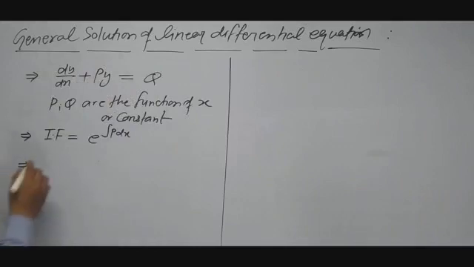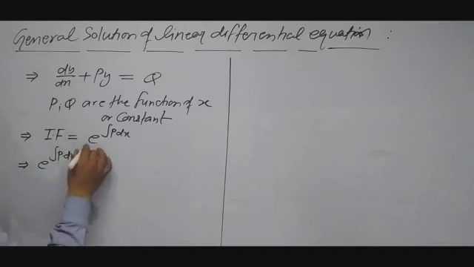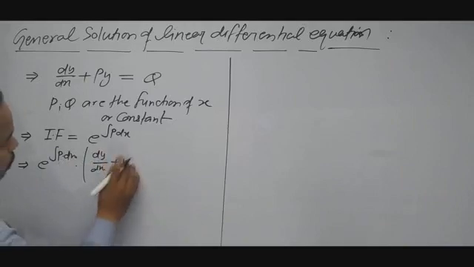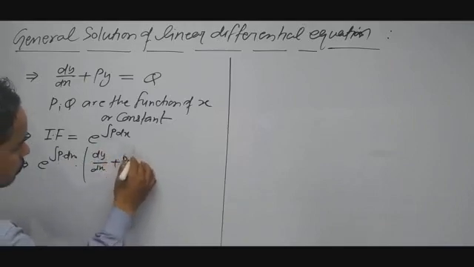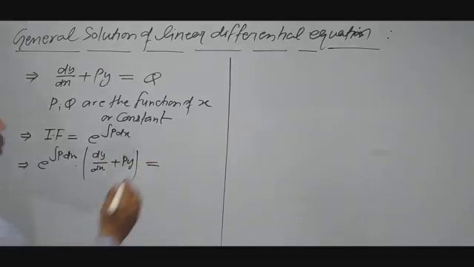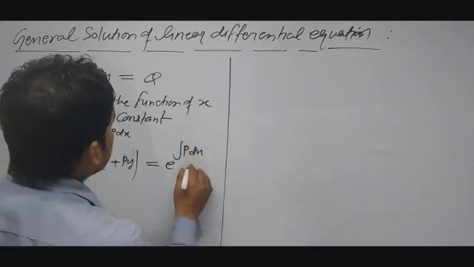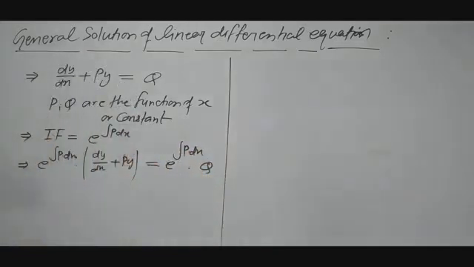So when you multiply e to the power integration of P dx by dy by dx plus Py, it is equal to e to the power integration of P dx times Q. We have multiplied, and now you will get this type of result.